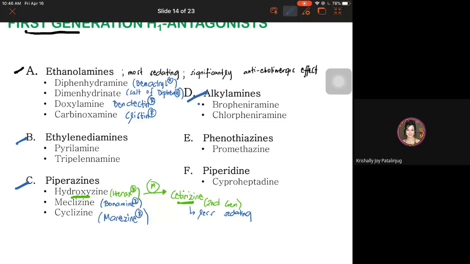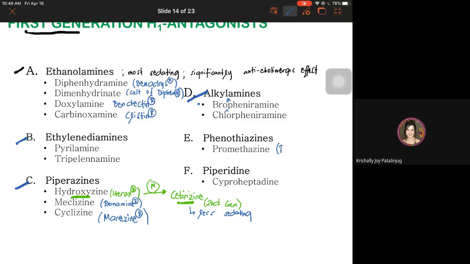So somehow, familiar mo ani, present ni sila sa mga cold preparation. Kaya sa sip-on, bitaw para sa sip-on nga mga preparation. Kakita mo chlorpheniramine maleate. Okay? Brompheniramine. Then we also have phenothiazines, particularly the promethazine.